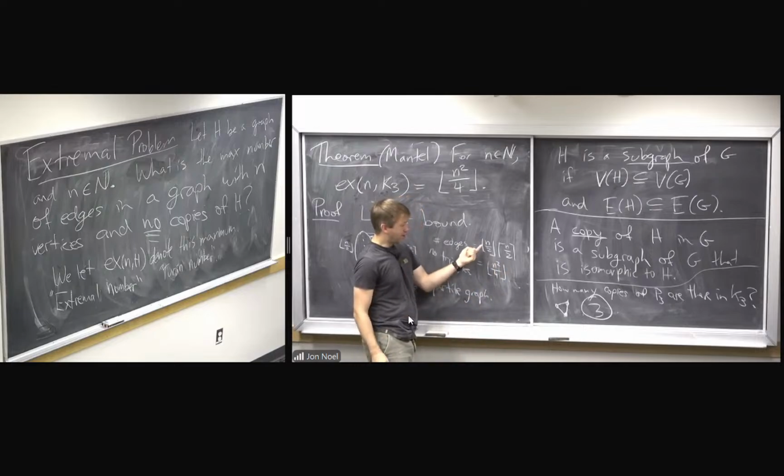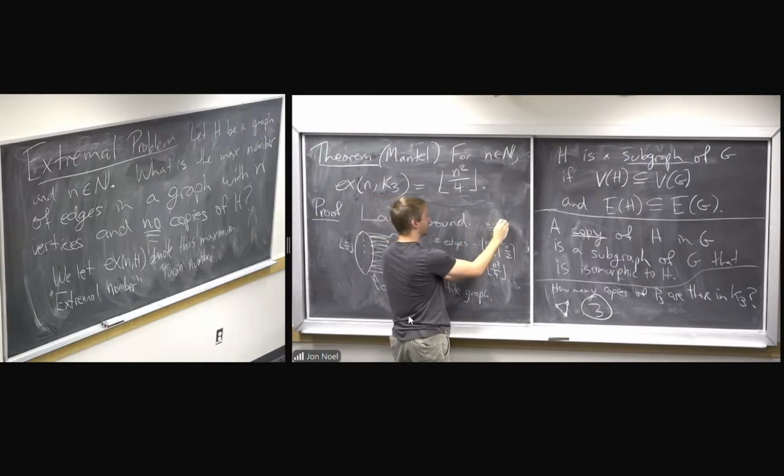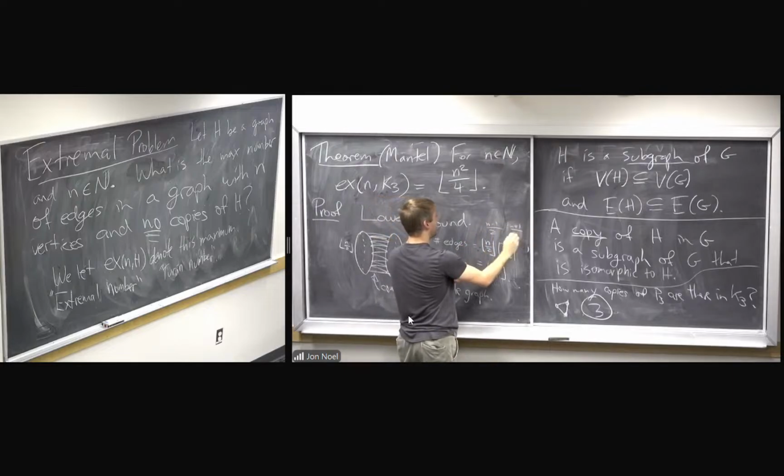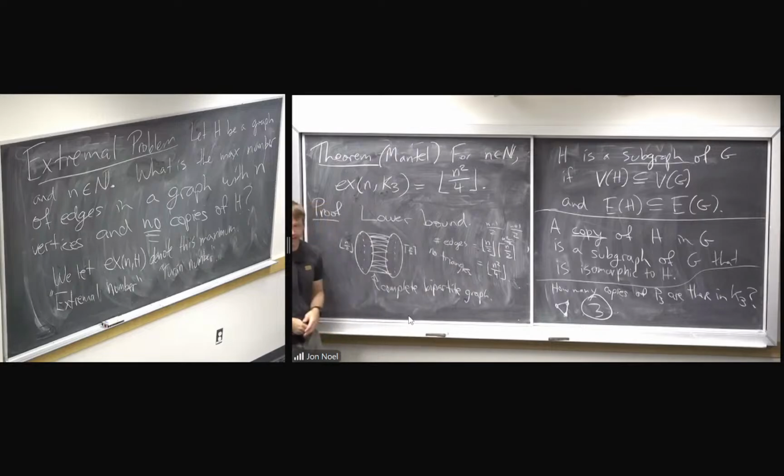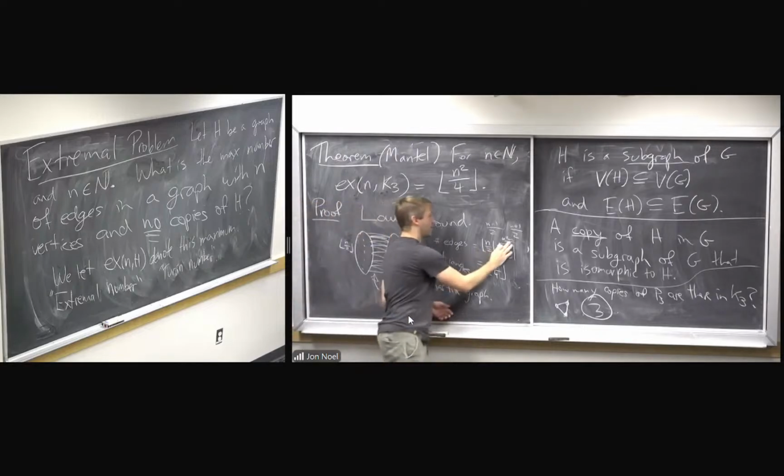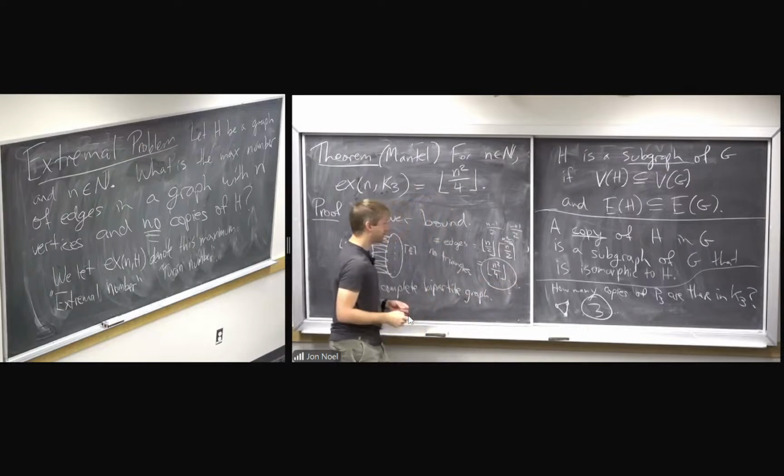If it's odd, you get n minus 1 over 2 times n plus 1 over 2. You multiply these out, it gives you n squared minus 1 over 4, which turns out to be the floor of n squared over 4. In either case, you get this. Okay. Any questions about that? Okay.